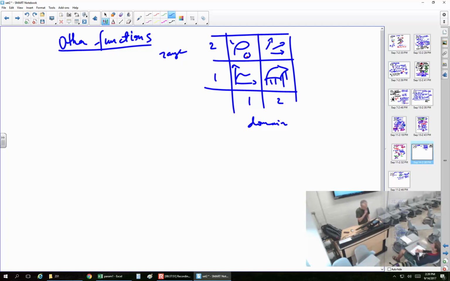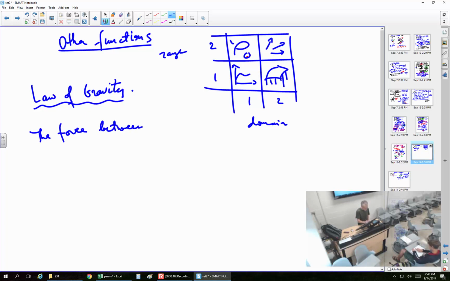I want to take as an example the law of gravity. So Newton's law of gravity: the force between two masses, let's do m and M capital.